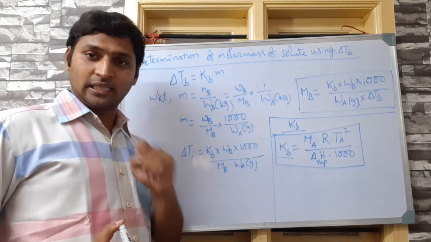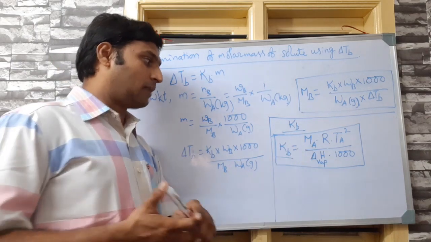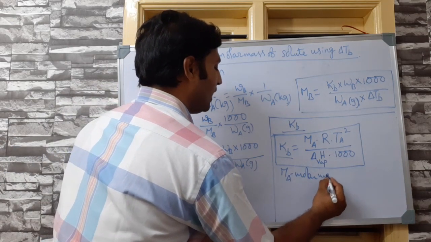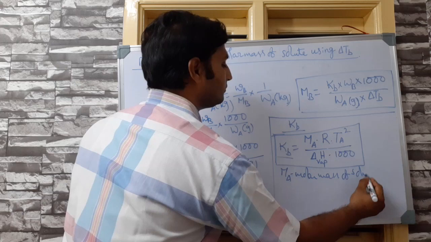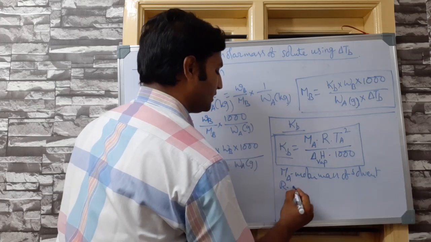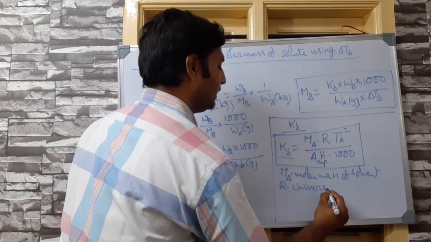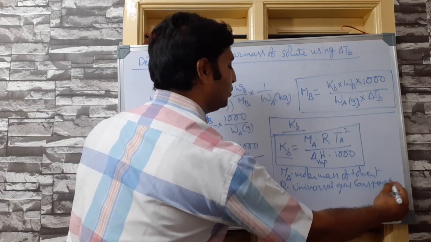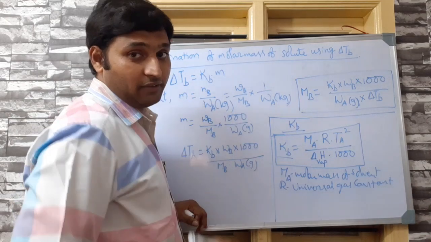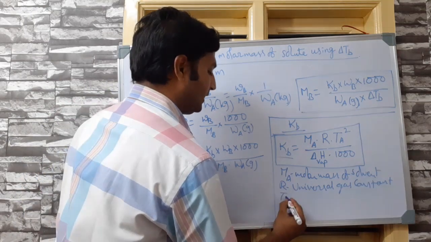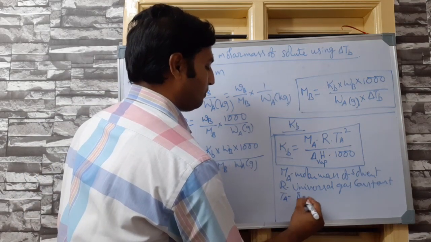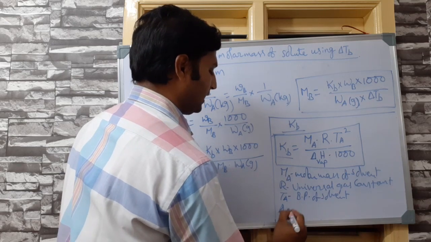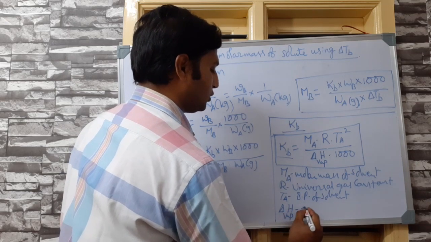So Ma is molar mass of solvent, R is universal gas constant, whose value you will decide based on the units of enthalpy of vaporization given in the problem for you. Ta is boiling point of solvent, and this is enthalpy of vaporization of solvent.